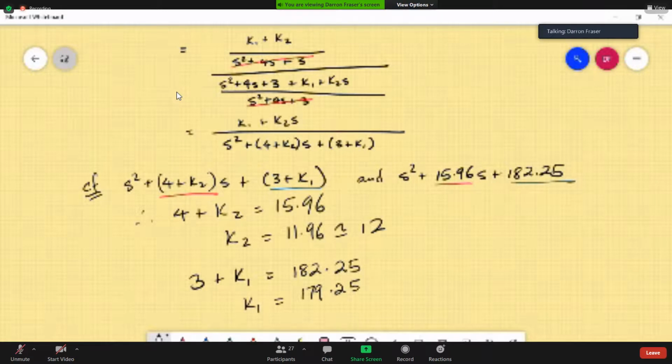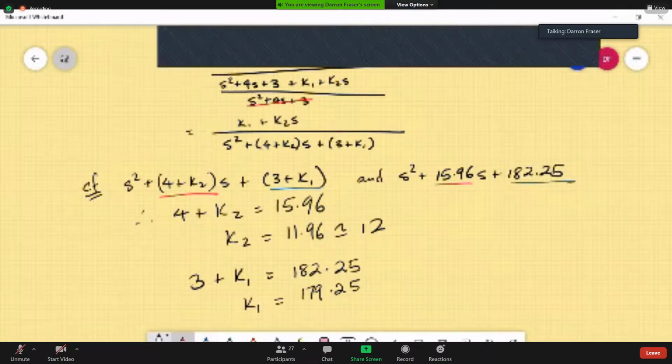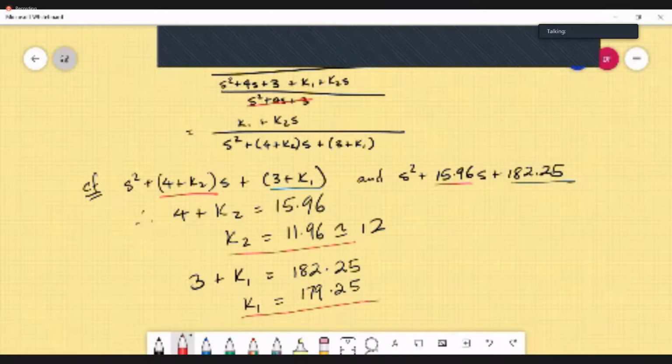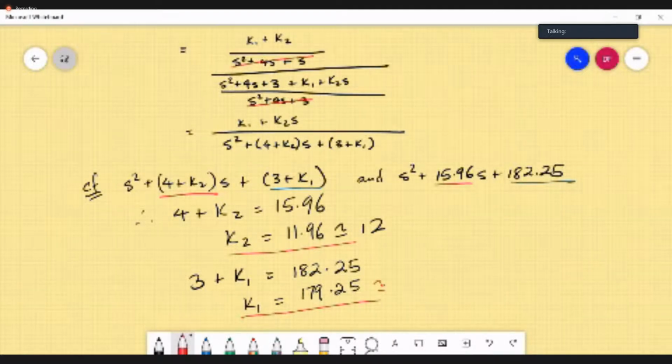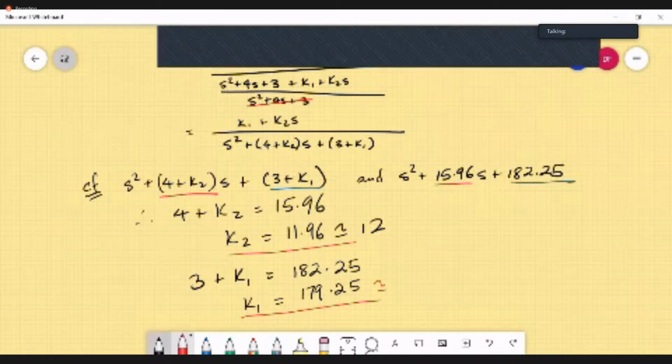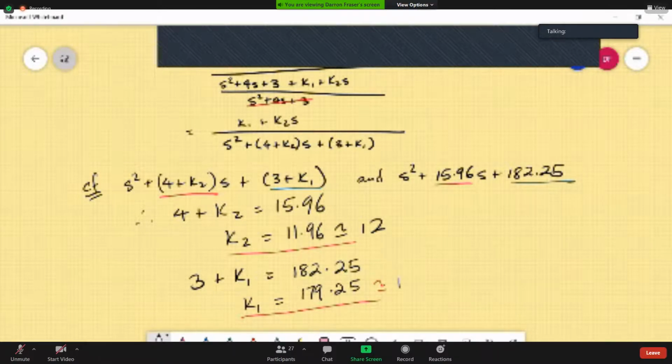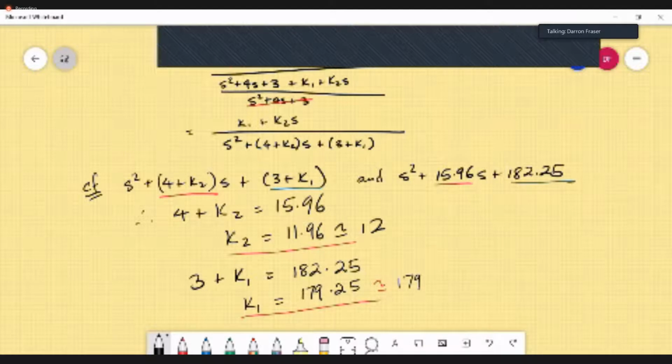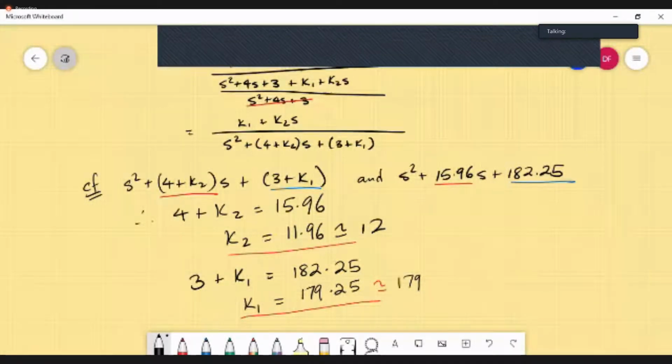So these will be my two gains. So those are the two values that you put in the controller for the system.